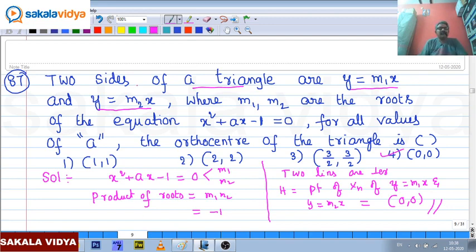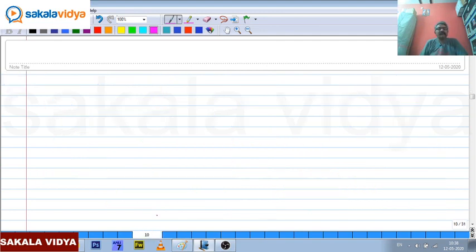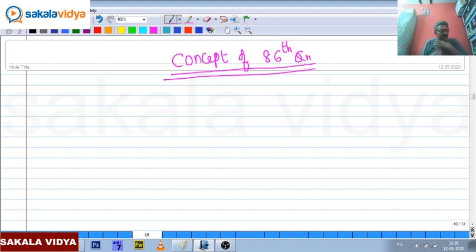Now let me explain the concept of 86th question. See, for example, you take a triangle. Suppose A, B, C. Equation of AB is given, L1 is equal to 0.